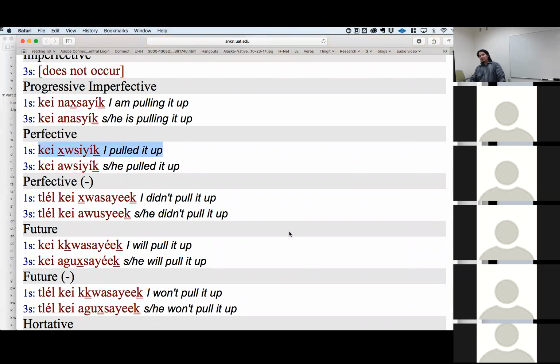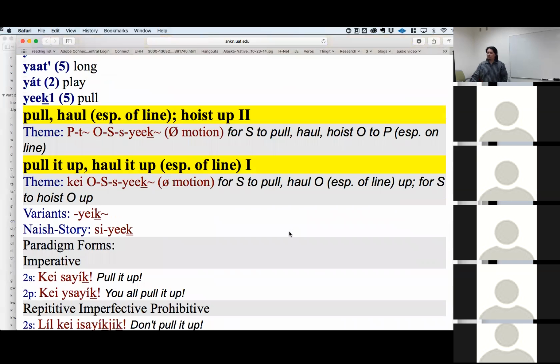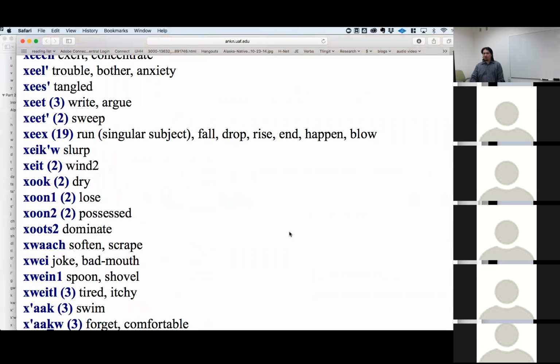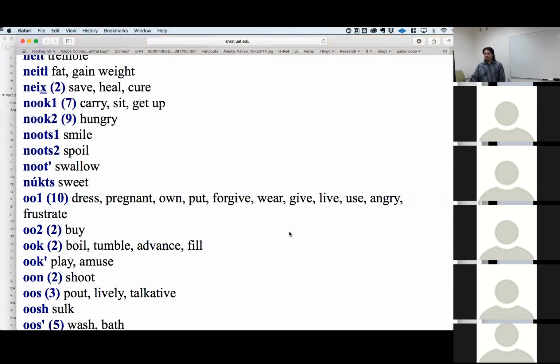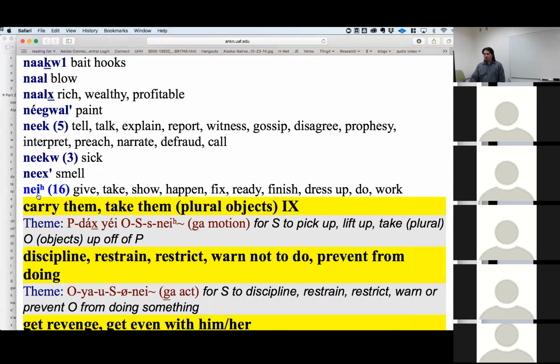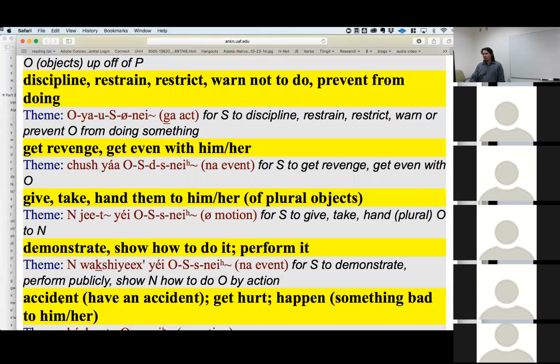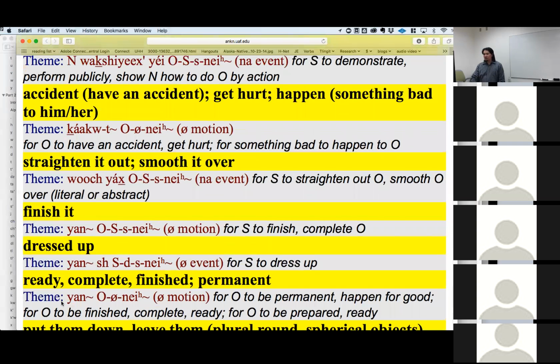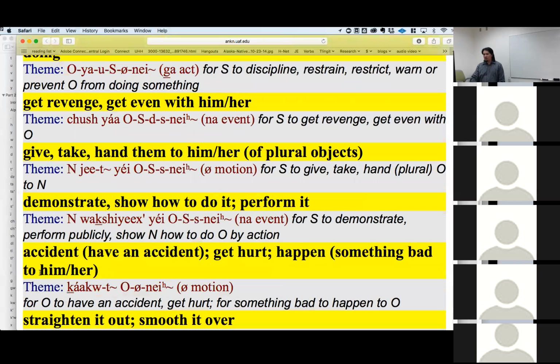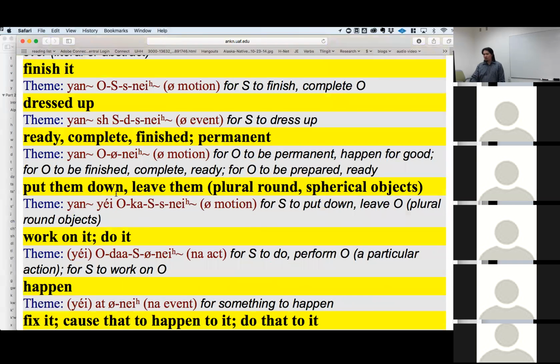And then whenever we're working on traditional foods too, there's such a useful verb, which is to just work on it. And so the one to work on things, if we go to the ne verb roots, we're looking for work on it.